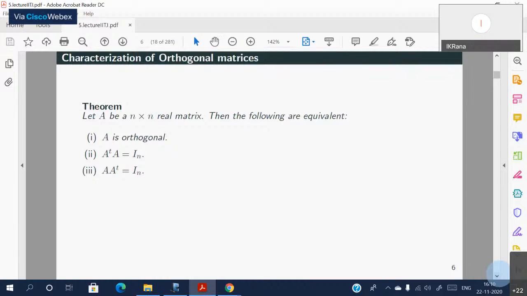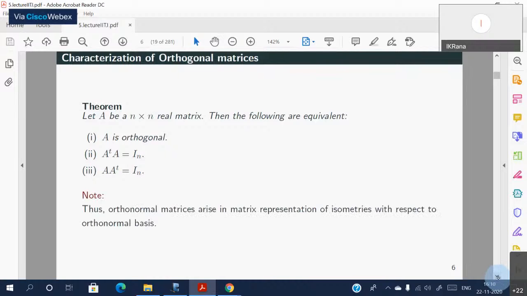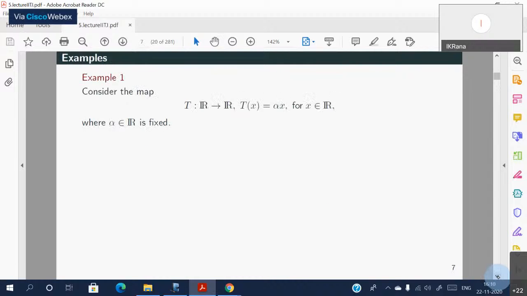So an isometry, which is a linear map that preserves angles, equivalently preserves distances, gives rise in matrix form to what are called orthogonal matrices. So orthogonal matrices arise in the matrix representations of isometries with respect to, of course, an orthonormal basis.